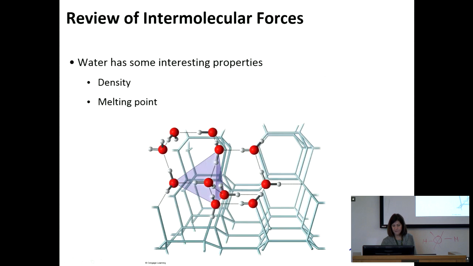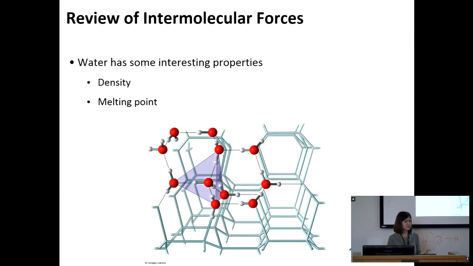And it forms our ice crystal. What's in the middle? Nothing. Empty space. So when you go from liquid water to solid water, you actually create more empty space. And that is why solid water floats on top of liquid water.